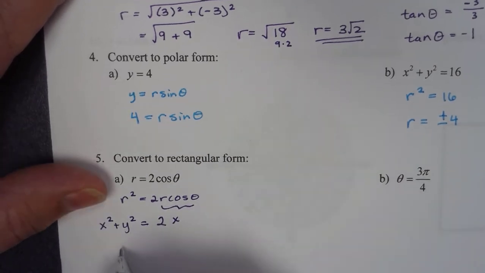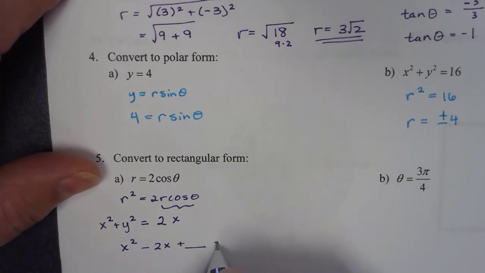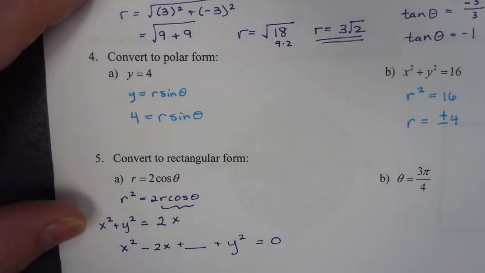Well, we know how we could make this into rectangular form. Subtract the 2x. I can see I'm going to have a binomial squared plus y squared equals 0. Interesting. What can I do with that?